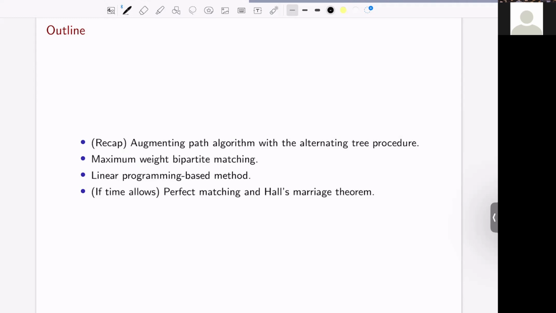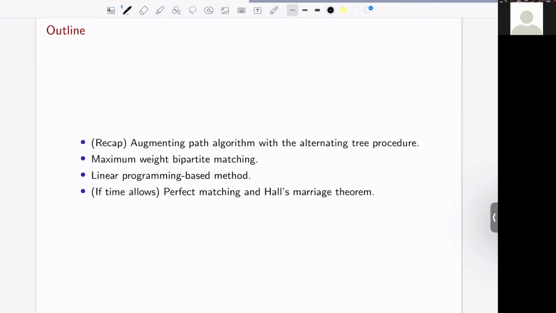If I have enough time, I also want to cover something called the perfect matching. The perfect matching seeks to cover all vertices. A maximum matching just maximizes the number of edges, so it's possible to have some vertices that are not covered by a matching edge, but a perfect matching has to cover all vertices. If such a thing exists, we call it a perfect matching.